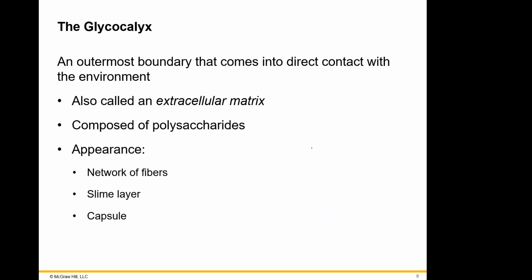Glycocalyx. We talked about the glycocalyx in the bacteria as well, so we're back on that again. This was the one where we had the slime layer and the capsule. And you'll notice that it is up here as well. Eukaryotic cells can have a slime layer. They can have a capsule. But all eukaryotic cells will typically have some sort of glycocalyx.